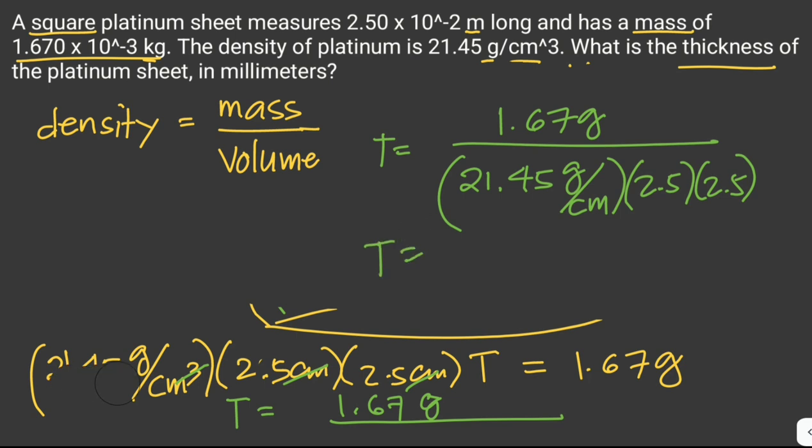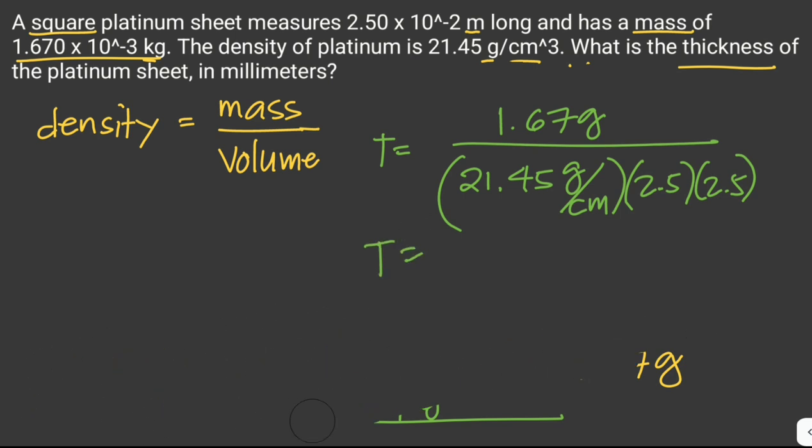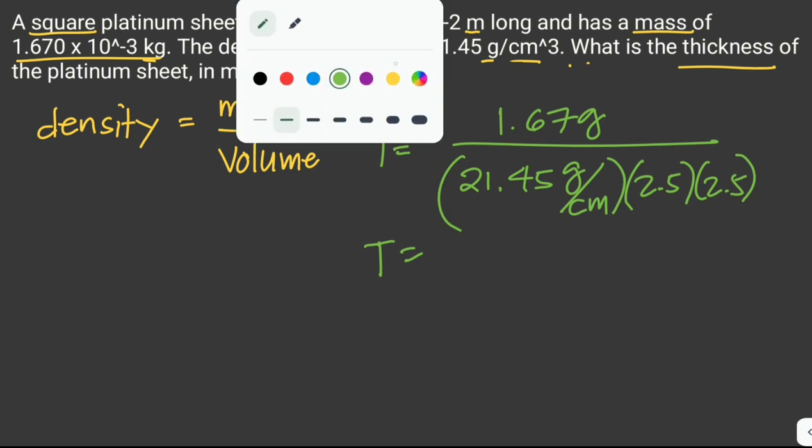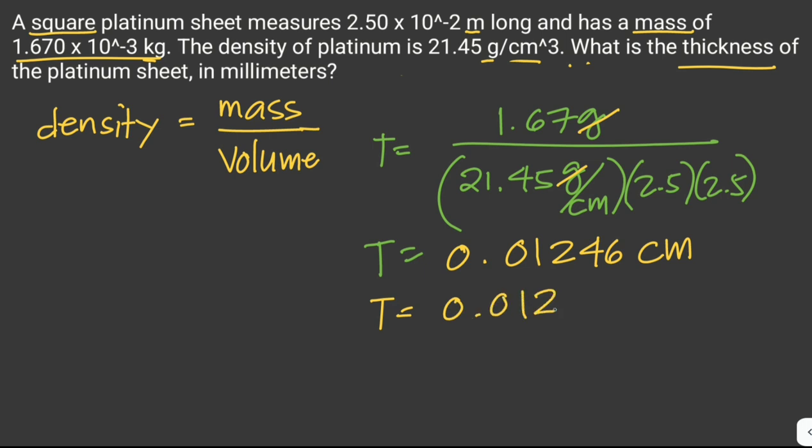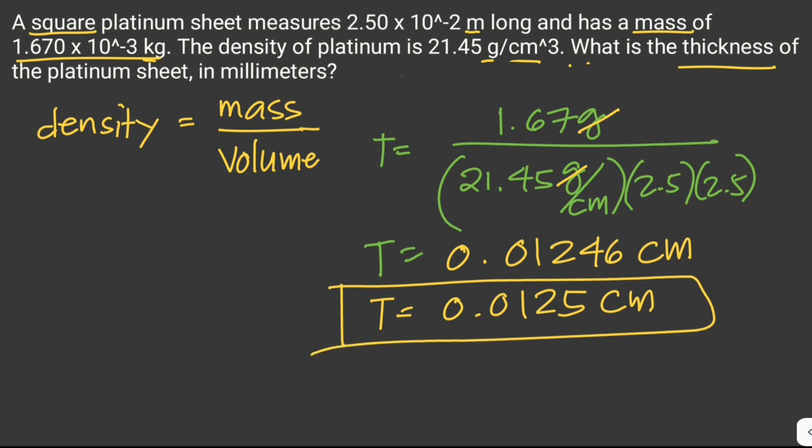Now we can solve for the thickness using the calculator. Okay, the gram unit here cancels out. So this would give us a thickness that is equal to 0.01246 centimeter. We can round this off to 0.0125 centimeter. So this is the thickness of the platinum sheet.